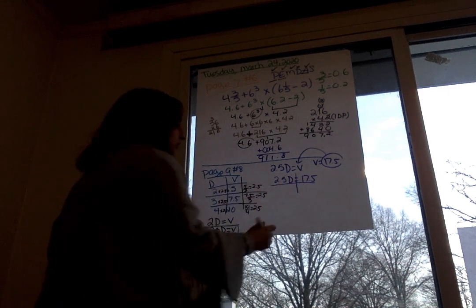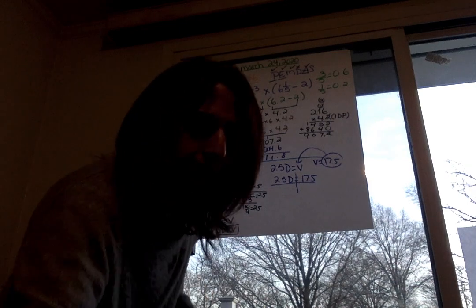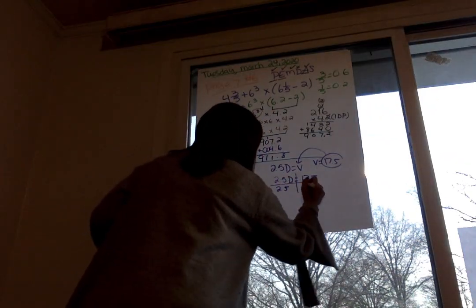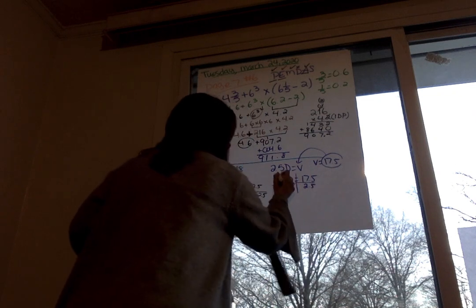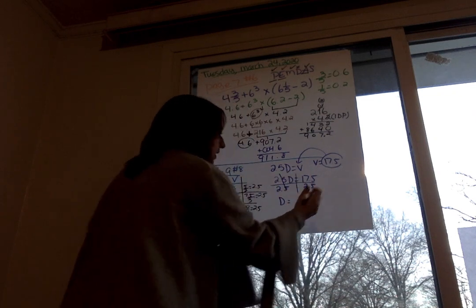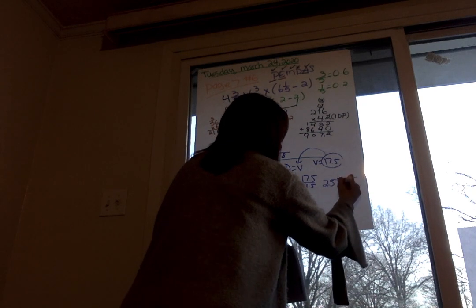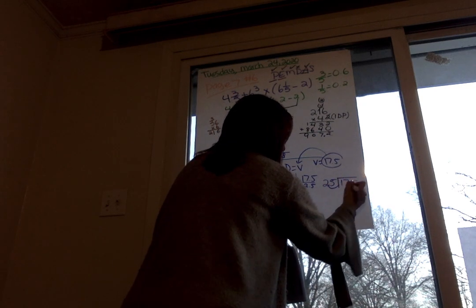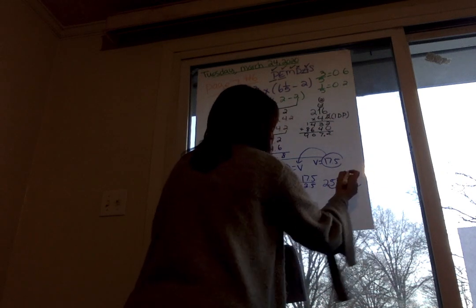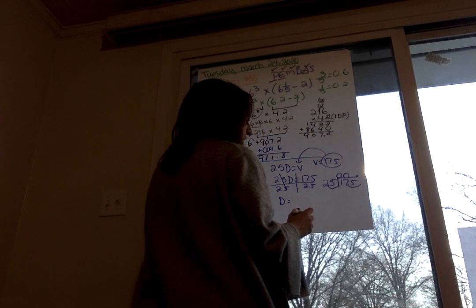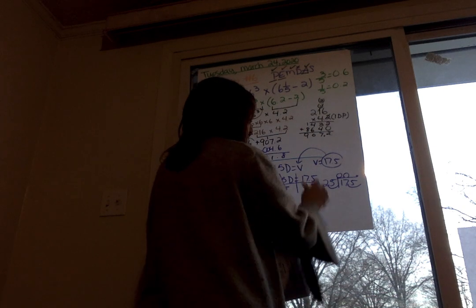The inverse is division. I'm going to divide by 2.5 on both sides in order to figure out what D is. Let's do it, 2.5 here, 17.5, move it one place, bring it up, and we know that this goes 0, this goes 0, and let's figure out what this is going to have to be.